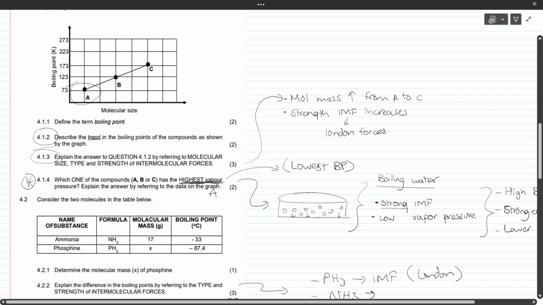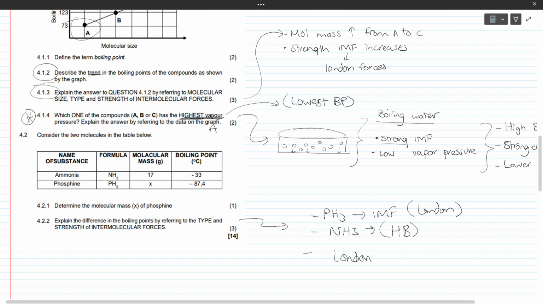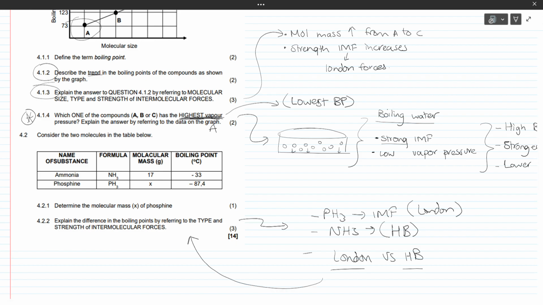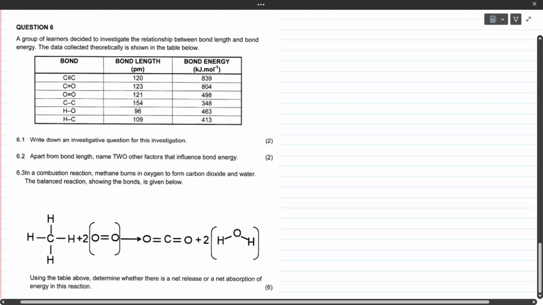Then you go to NH3. What type of intermolecular force do you have here? Hydrogen bond. Then you need to compare your London forces versus your hydrogen bond. And based on that, you're going to get 3 marks for that. Okay, so that was just a recap of that question.